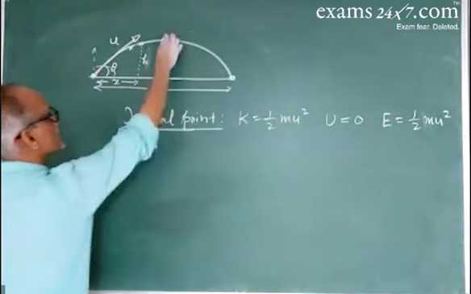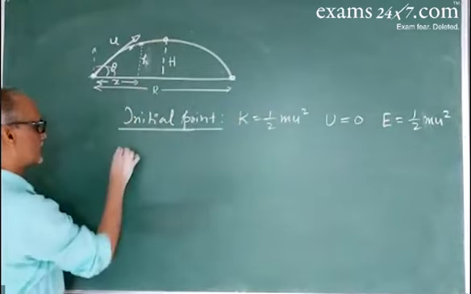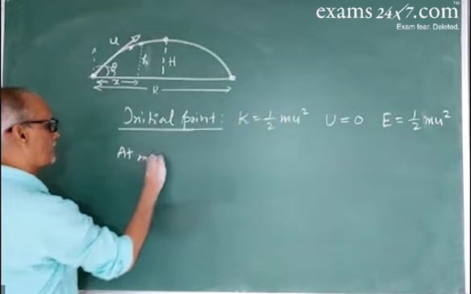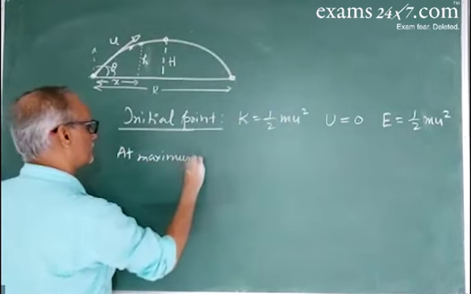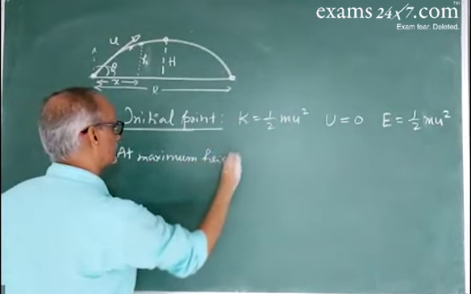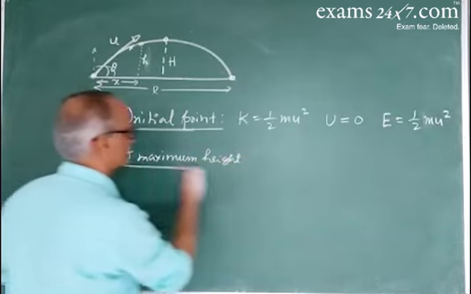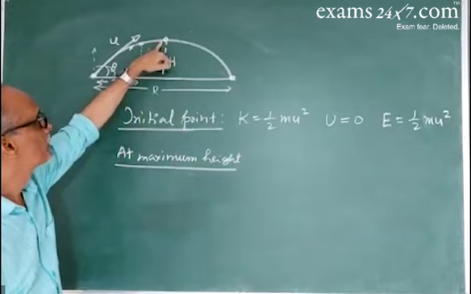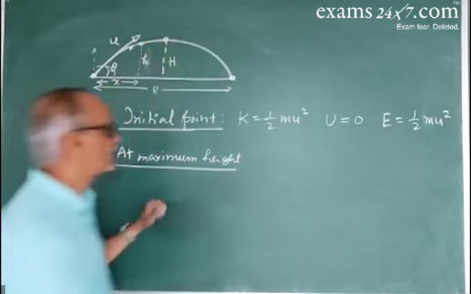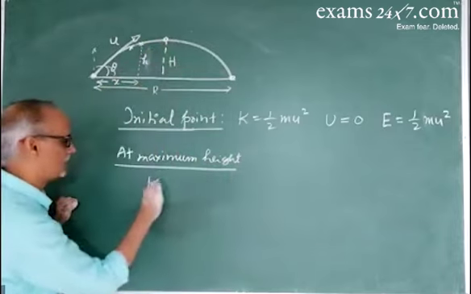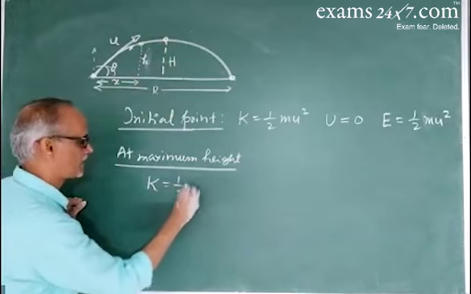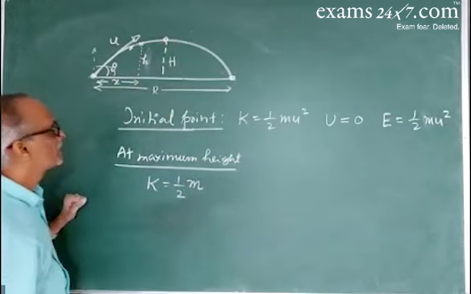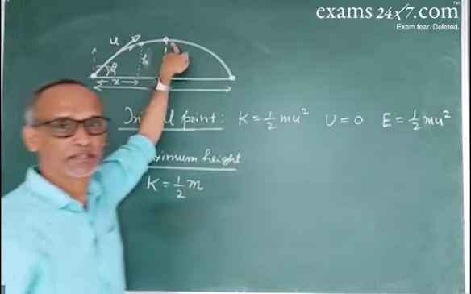And when it reaches the maximum height, it has velocity, therefore there will be kinetic energy, and that's given by half m, and its velocity here is u cos theta.